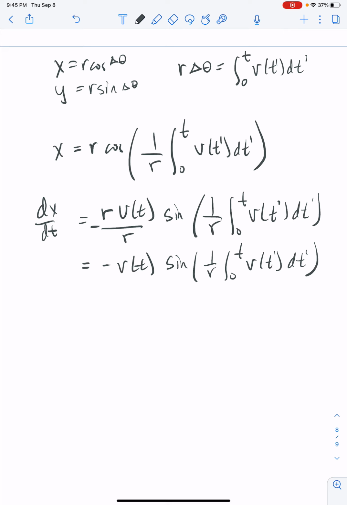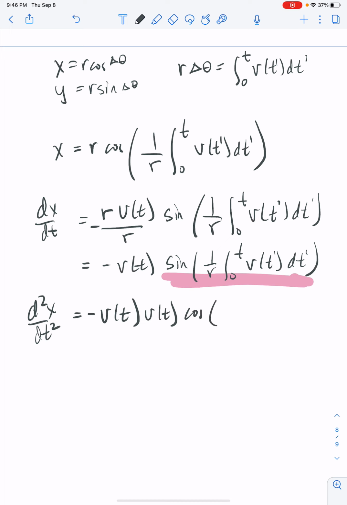However, things get a little bit more complicated when we try to find the acceleration. So if we take another derivative of this same expression, now we need to use the product rule. I'm going to do something that's maybe a little bit counterintuitive, but I'm going to take the derivative of this part first. So I've got negative v of t. I've got another factor of v of t out front from the chain rule.